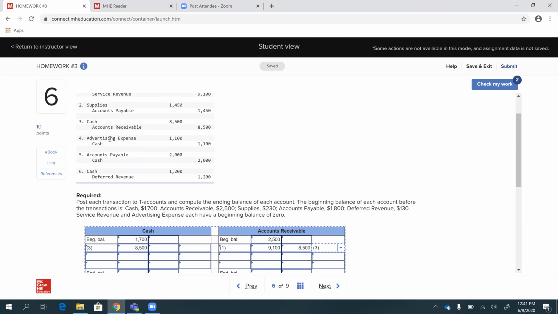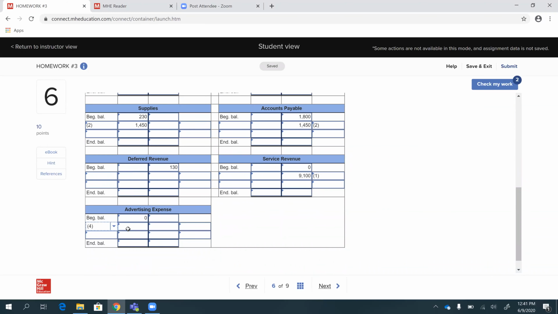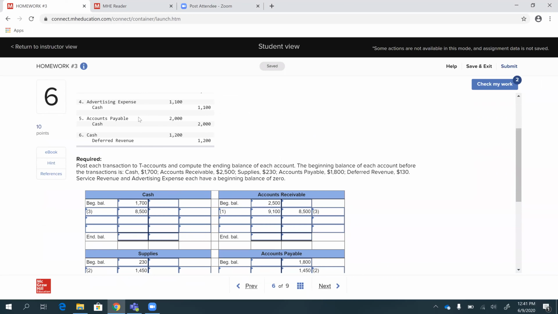4, advertising expense and cash. Advertising expense has a debit, so we want to go down here and choose 4 for $1,100. Cash has a credit, so 4 for $1,100. 5, accounts payable is debited and cash is credited.